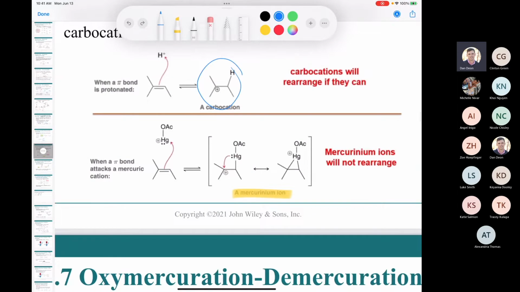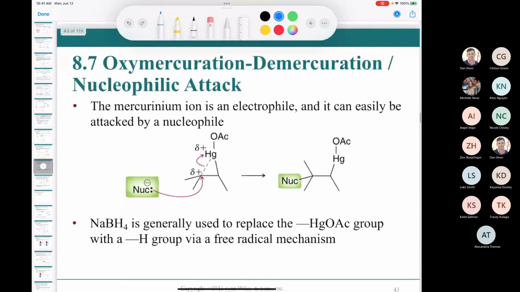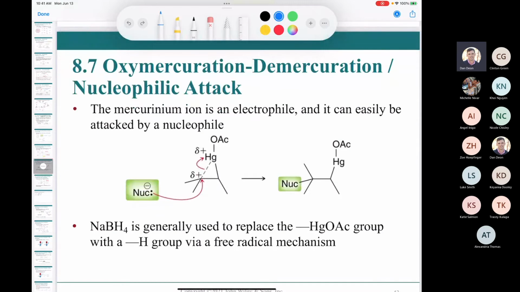All right, in the mercurinium ion, what's so cool about it is that it's not going to rearrange. Why? Because it stabilizes the carbocation. It's not going to do any kind of rearrangement whatsoever, that mercurinium ion. Now here's where it is also interesting. Why would the nucleophile end up on the more substituted carbon? Or why would it attack the more substituted carbon?